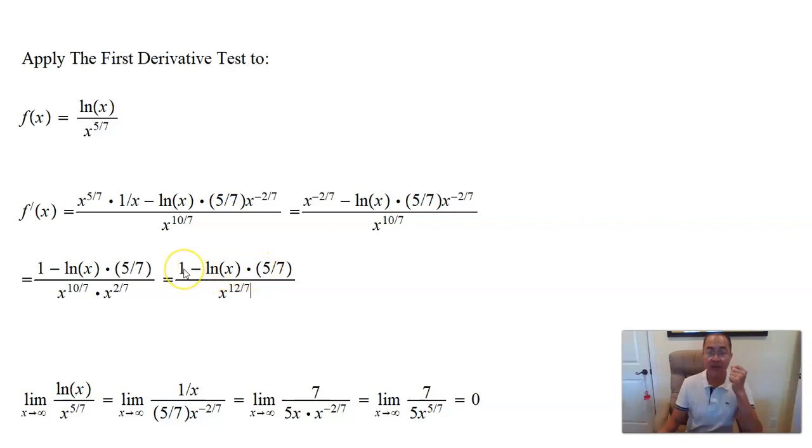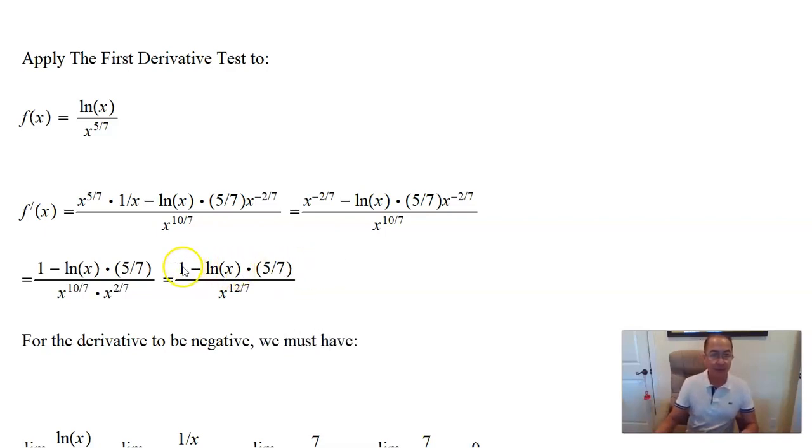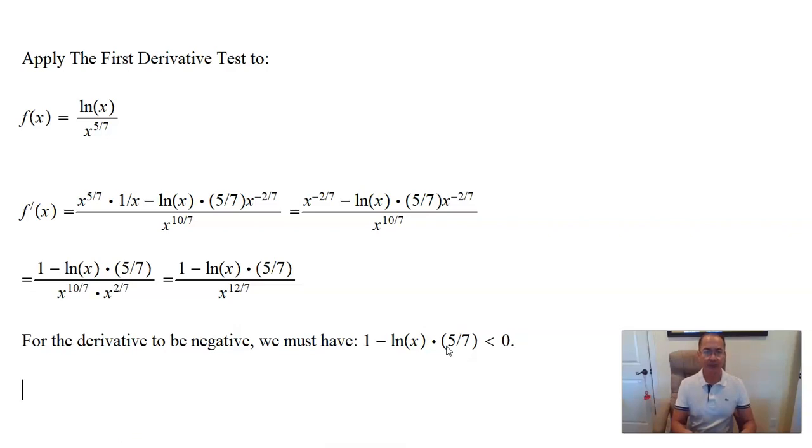Okay, so this numerator must be negative. For the derivative to be negative, we must have this numerator to be negative, less than 0.